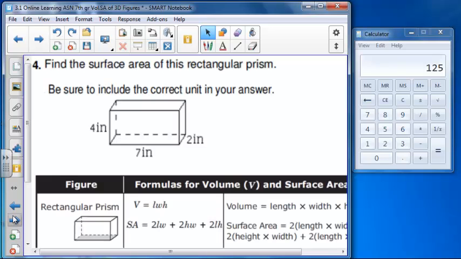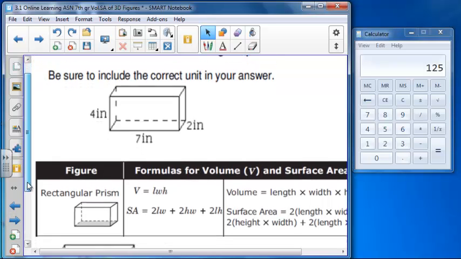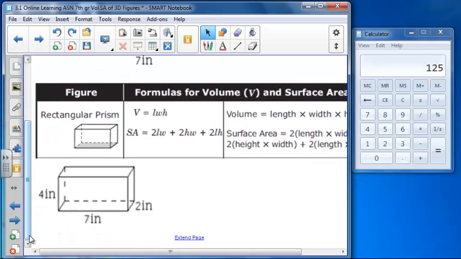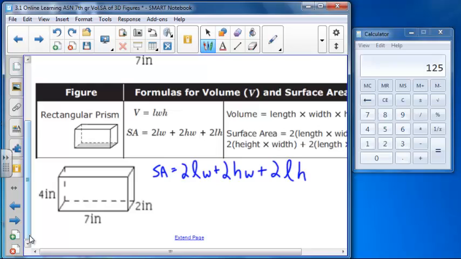And question 4. Find the surface area of this rectangular prism. The formula: surface area is 2 times the length times the width, plus 2 times the height times the width, plus 2 times the length times the height.